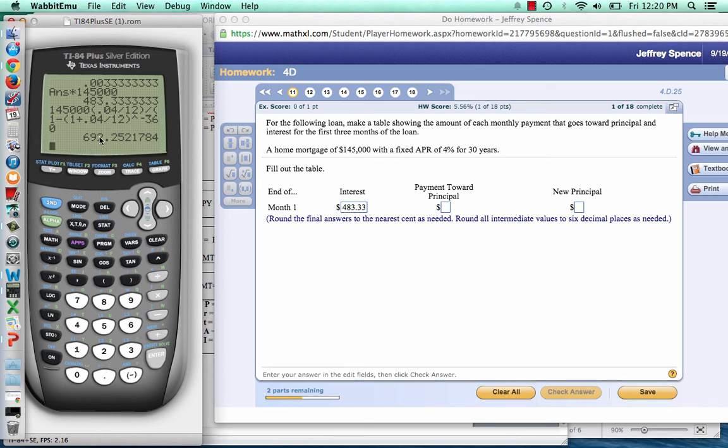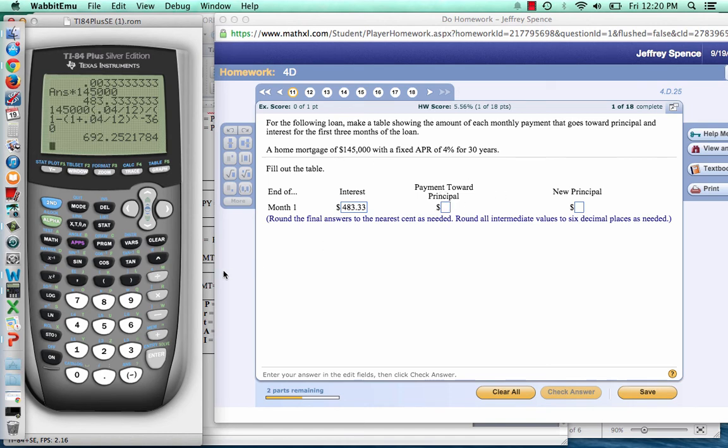So of the monthly payment of $692.25, $483.33 is just going towards the interest. That's revenue for the bank. The rest of the amount paid goes towards what we borrowed, the principal.